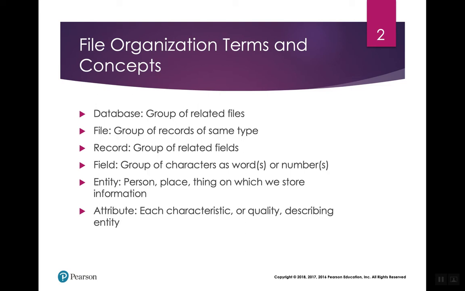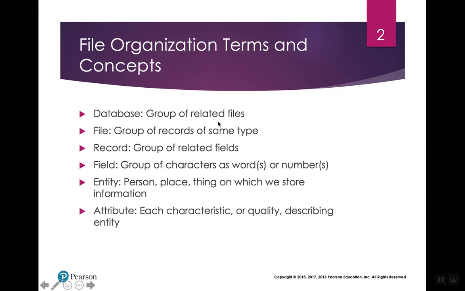So we start off with a database. For the definition of a database, if you look around, there are a couple of different ones, but for our purposes here, we're going to define a database as a group of related files.